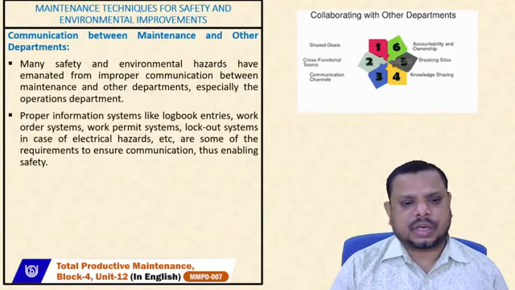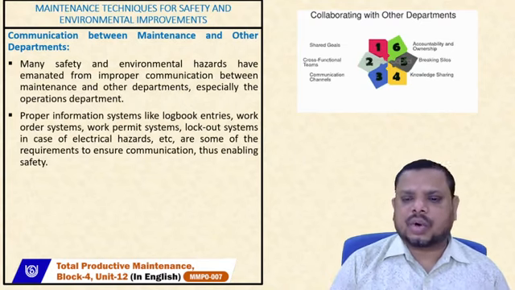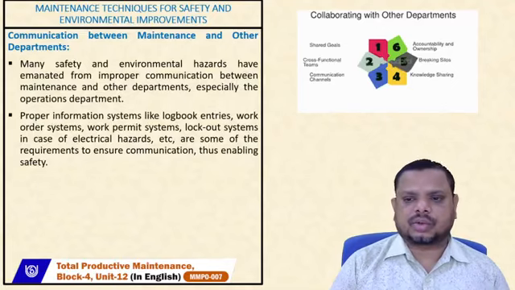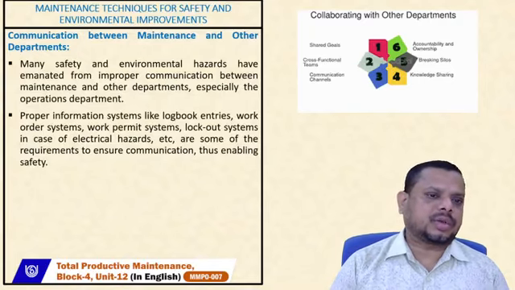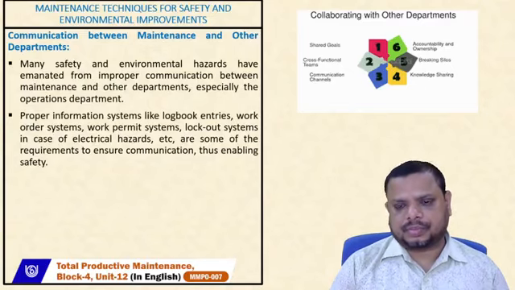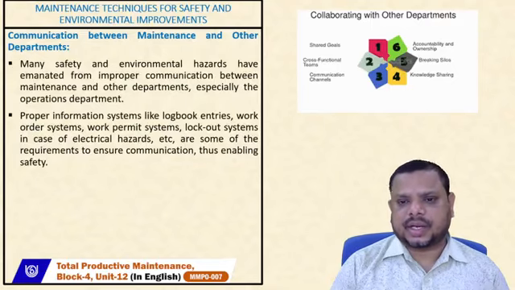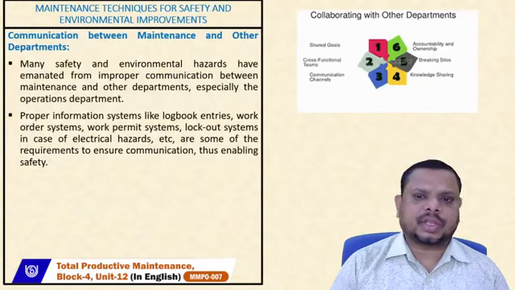These SOPs ensure log entries, work order systems, work permit systems, and lockout systems. These are essential to communicate to other departments so that they can save many human lives and reduce the environmental impact whenever they implement various maintenance techniques. So in the case of collaboration with other departments, what are the major benefits?